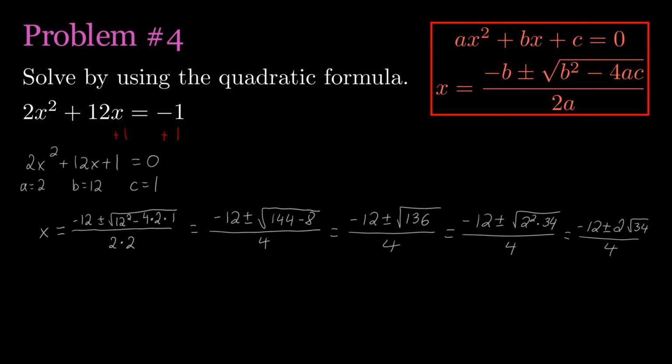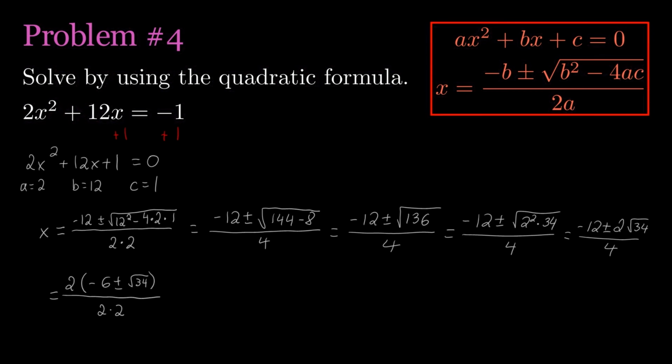Now in here, in the numerator, we have a common factor of 2 that we can factor out, specifically acknowledging that 2 is also a factor of the denominator, leading to a simplification. So we're going to have 2 times negative 6 plus or minus just a single square root of 34 over 4, which is 2 times 2.